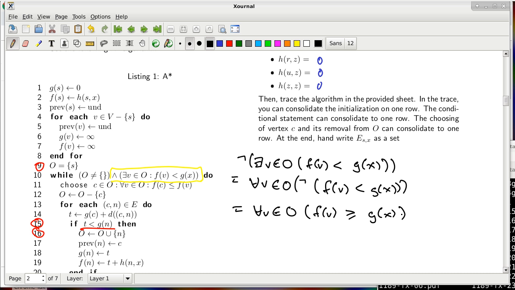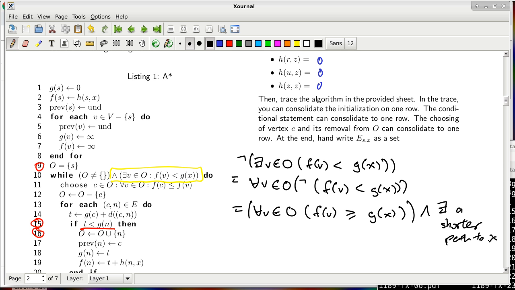I don't think I get why the very last for all statement there contradicts anything. Can you explain that? Okay. So what we are now saying is that this is true. This is the negated theorem, but we are also saying that there exists a shorter path to x, right?